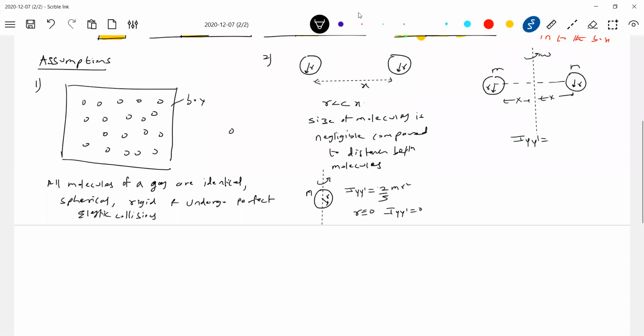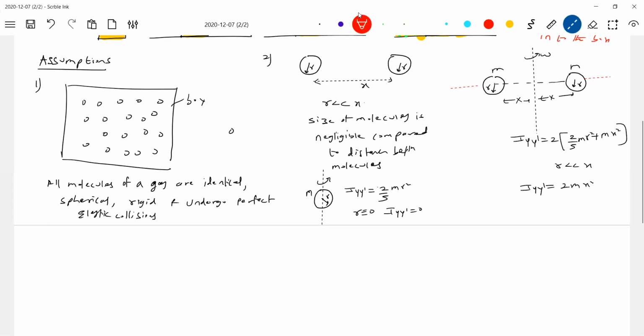The expression will be 2 into (2/5 mR squared plus m x squared). By the parallel axis theorem, 2/5 mR squared plus m into x squared. Why 2? Because it is a diatomic gas molecule. But we know R is very much less than x, so the equation will be only this much. What is the moment of inertia about the xx' axis?